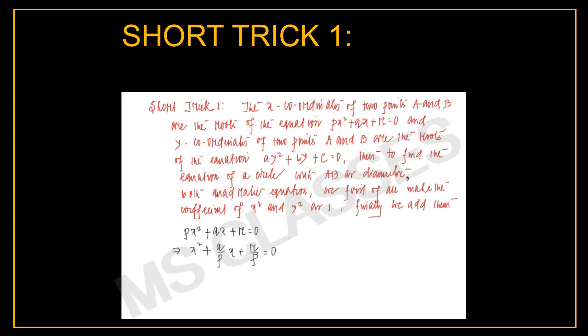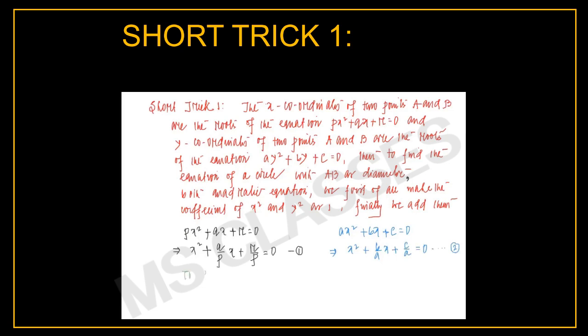This we have as one equation, which we mark as equation 1. Other one, ay square plus by plus c equal to 0. Here you divide by a, and we get y square plus b by a into y plus c by a equal to 0. This is equation 2.